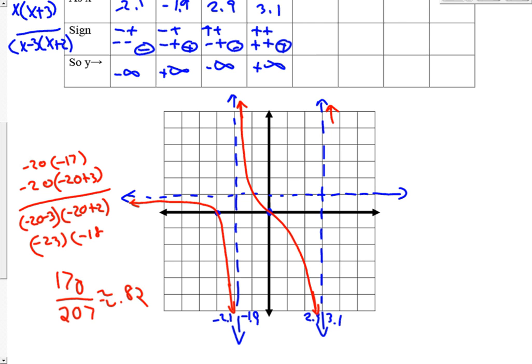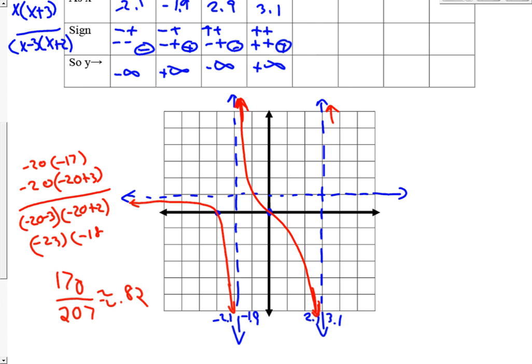Because you already had the arrow on the left going up, and the arrow going down here, you had to go through that point and go from top to bottom. If there was not an x-intercept there, there would be some calculation problem somewhere that I would check.